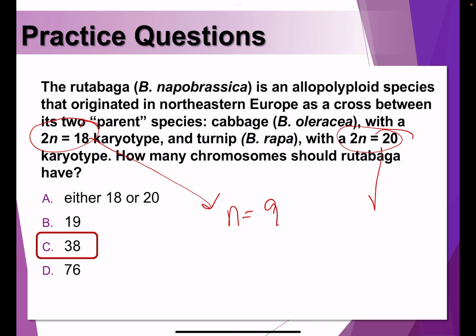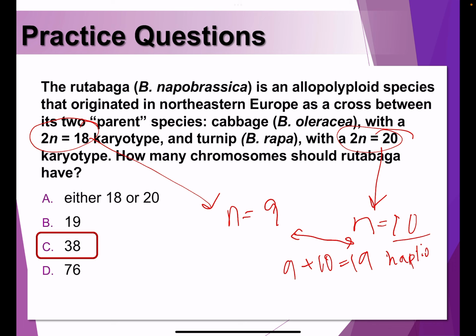The turnip has 20 as its diploid chromosome number, so it will make haploid gametes with 10 chromosomes. So when these two combine, 9 plus 10, you have haploids with 19 chromosomes.